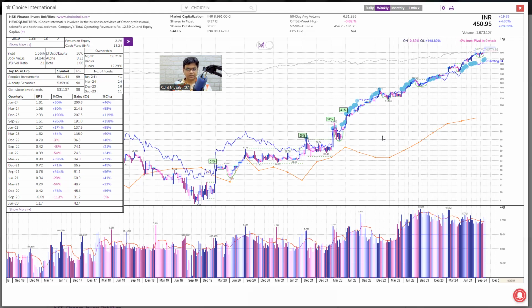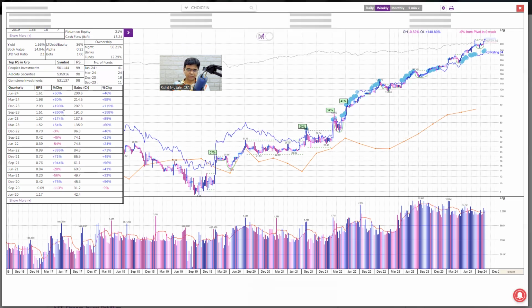That's a fantastic run. You can clearly see the correlation between the chart and the earnings graph, shown by this orange line here. From here to here, the earnings have only gone up. If the earnings go up, obviously the stock price will go up, and the sales growth is fabulous.